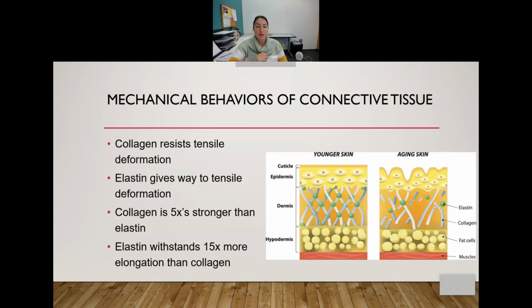So collagen resists deformity, and it's 5 times stronger than elastin, but elastin can move easily and withstand 15 times more elongation than collagen. So it's able to be pulled further, stretched further, without being damaged.